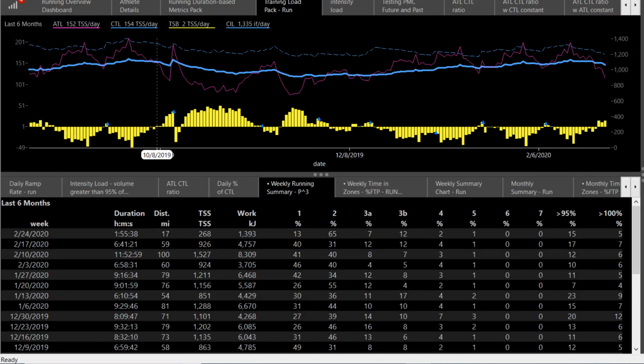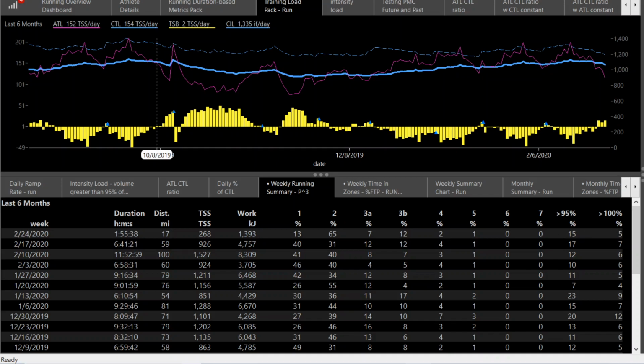So you can look at your weekly summary. If you look at breaking things down into zones, here it is in the Palladino Power Project zones, how it's broken down. We can look at the percentage greater than 95%, greater than 100%.